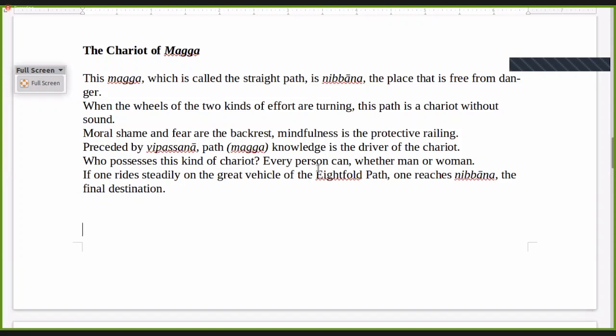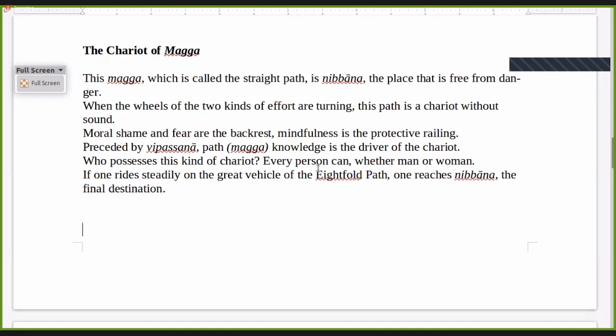The wheels of the two kinds of effort are turning continuously, except during sleeping time. It is very quiet and secluded, because the Magga chariot makes no sound. Now 30 or 35 yogis practicing in this hall, very quiet, no sound.